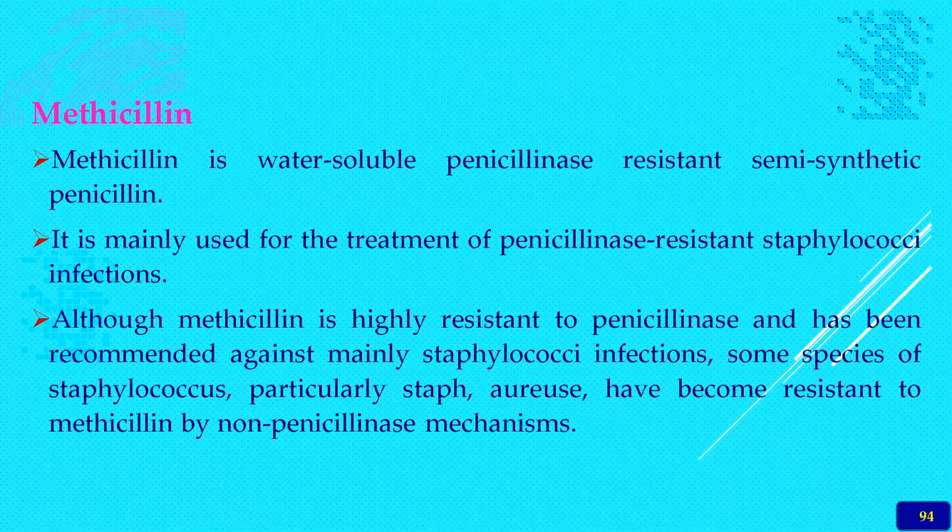Methicillin is a water-soluble, penicillinase resistant semi-synthetic penicillin, especially used for penicillinase resistant staph infections. Although methicillin is highly resistant to penicillinase and has been recommended against many staph infections and some species of Staphylococcus, particularly Staph aureus.